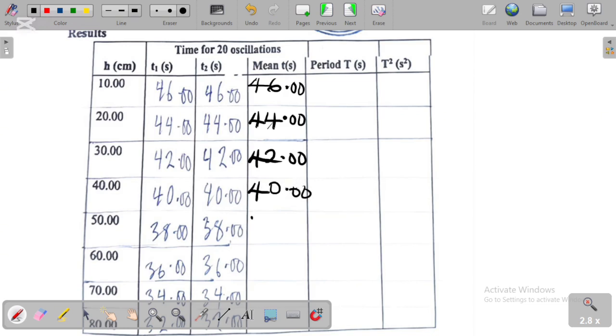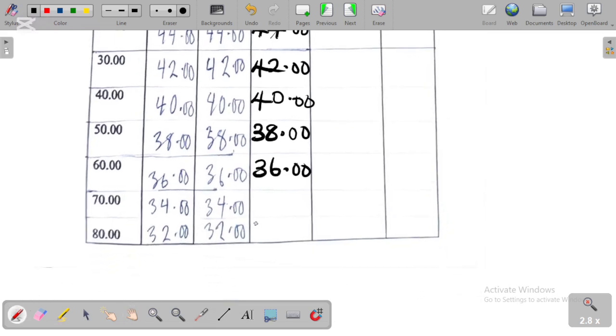The fifth one is 38.00. The sixth one is 36.00. The seventh one is 34.00. And the eighth one is 32.00.